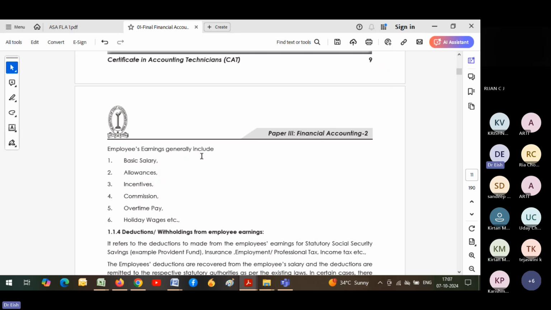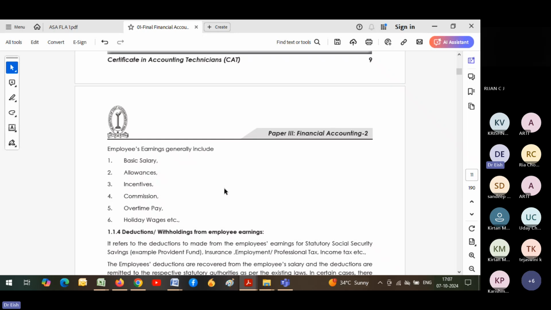Okay, the various allowances, then incentives. If the job is of incentive giving, the employee will get the incentive, and everything will depend on your contract with the employer. If you are getting the incentive, it is mentioned by the employer in the contract.